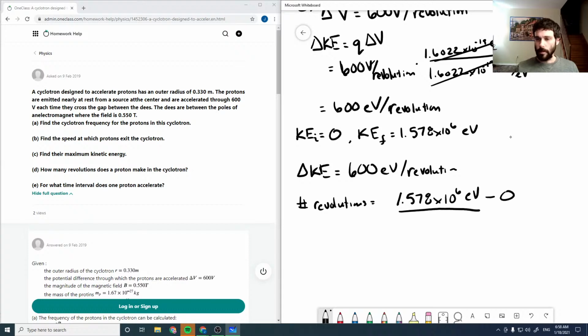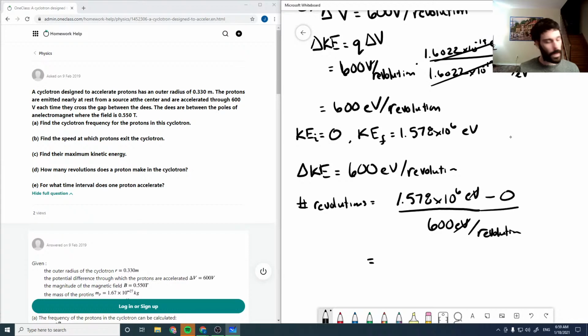So I might as well just include it just for fun, over our 600 eV per revolution. Now, revolution isn't really a real unit, but I'm just keeping it around just so that we can work with it to calculate our number of revolutions. And so we see that the eVs will cancel, and we'll have revolution upstairs. So that kind of means that this little equation is correct.